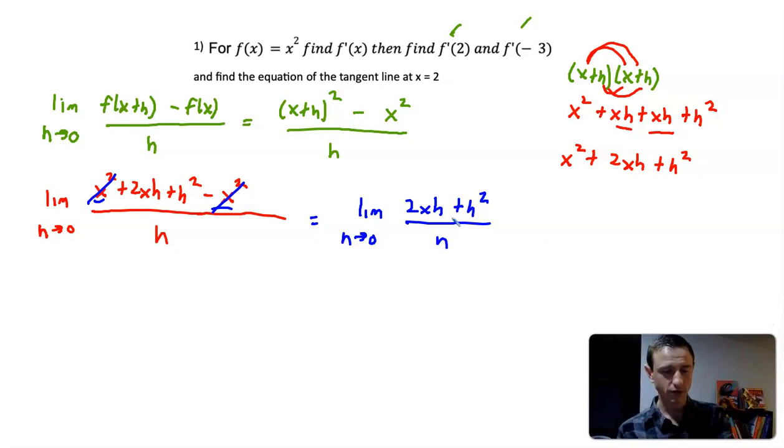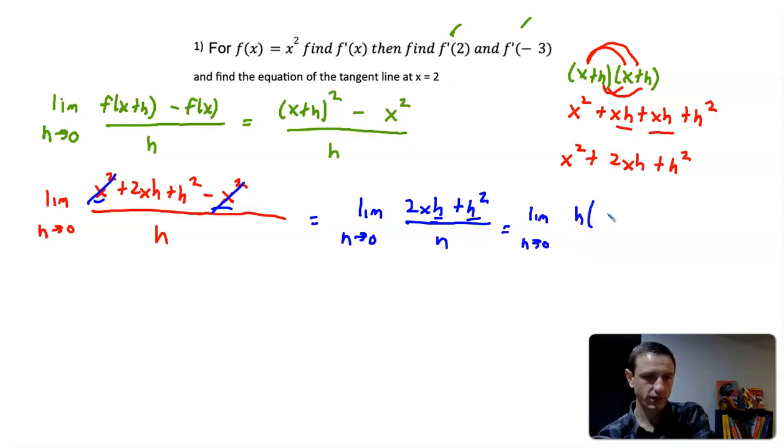And then from here, when we're done simplifying, the only thing we could really do is factor out that h. I have a 2xh, I have an h squared, so h is going to come out of the picture here. So the limit as h goes to 0 of h times 2x plus h over h, because I took out h, so h is gone, h squared becomes h.